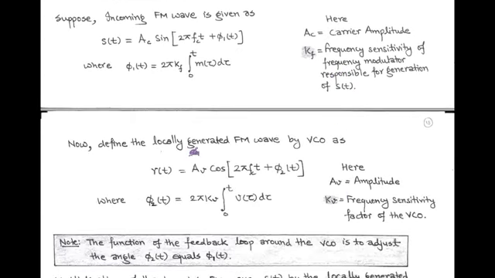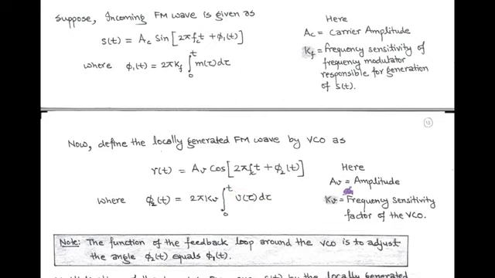Now, as voltage control oscillator generates its own FM wave, that is called locally generated FM and denoted by rt, that is equal to Av cos(2 pi fc t plus phi 2 t), where phi 2 t is equal to 2 pi kv integration v(tau) d tau. Here v(tau) is called control voltage.